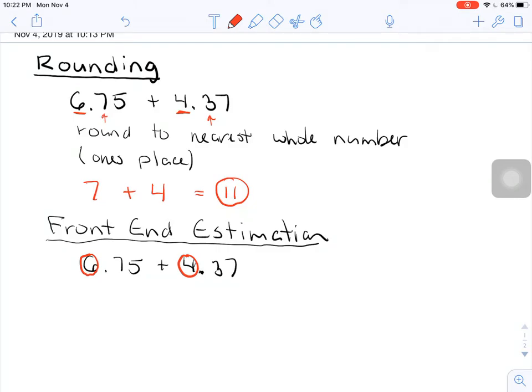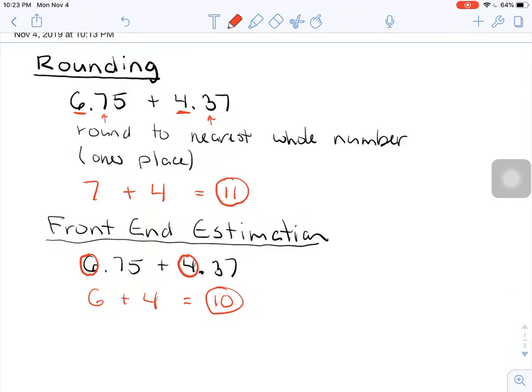And we would just add or subtract the leading digits. So in this case, I would just look at the 6 and the 4. 6 plus 4 gives me about 10. So that's a little bit different than what we got with the rounding strategy, which was giving us an answer of about 11.